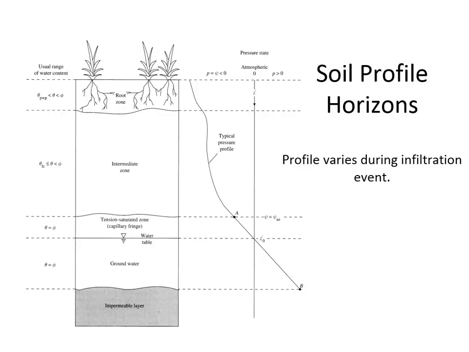So the soil profile horizons, if we take a look at the pressure profile, which is what this curve is, the pressure is relatively low down here in the groundwater region because the soil grains are fully saturated. But then as you get further away from that water surface, you can see here's what's called the capillary fringe.